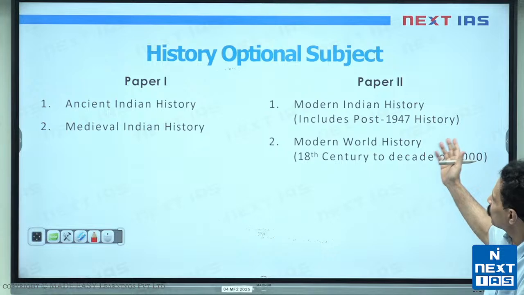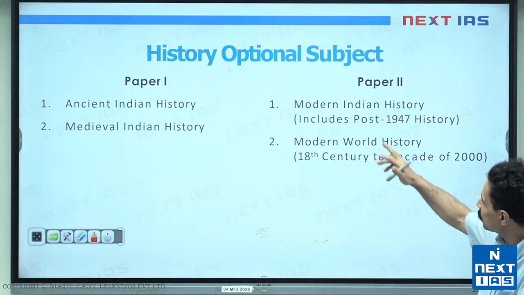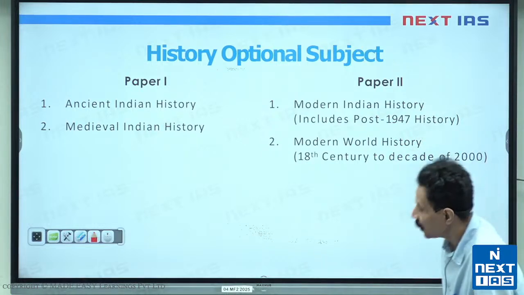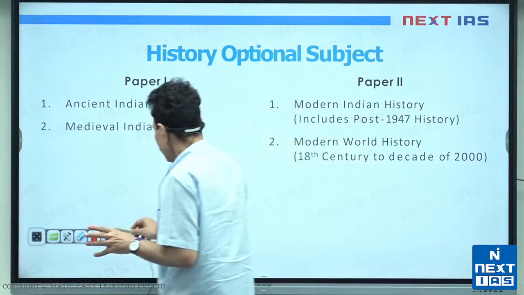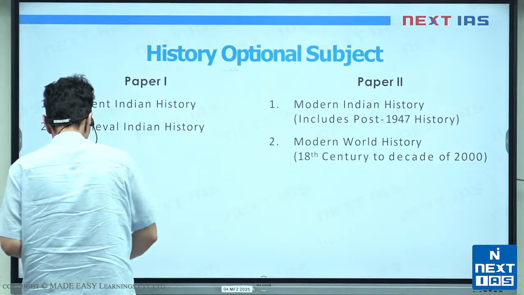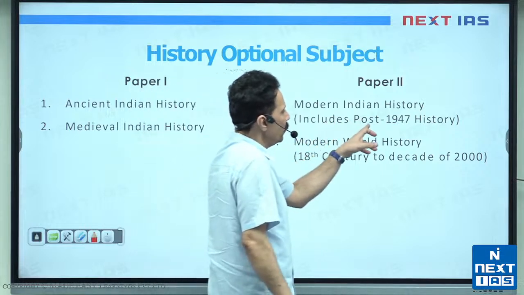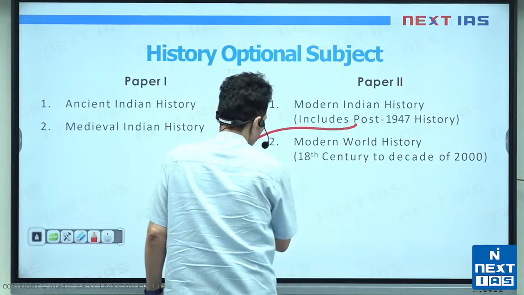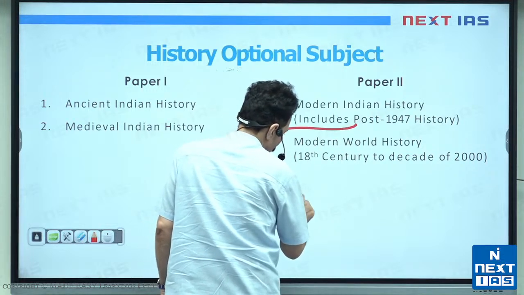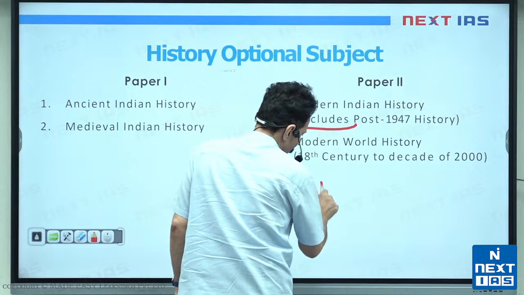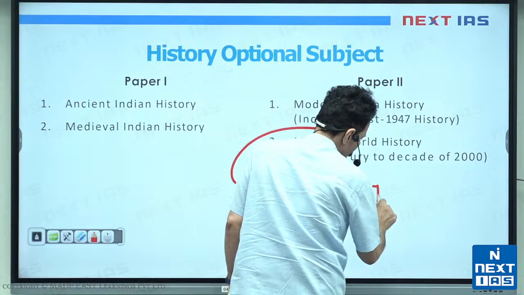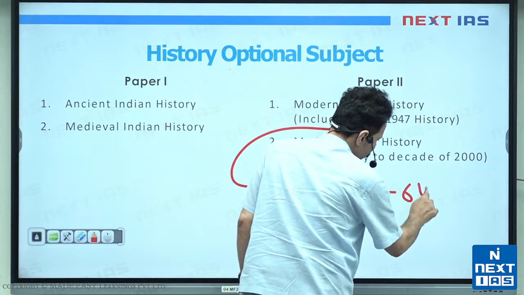And paper 2 again consists of two sections. First is modern Indian history, and that includes post-1947 history. But one thing about post-1947 history is that it is not till the present. It is mainly 1947 to 1964.